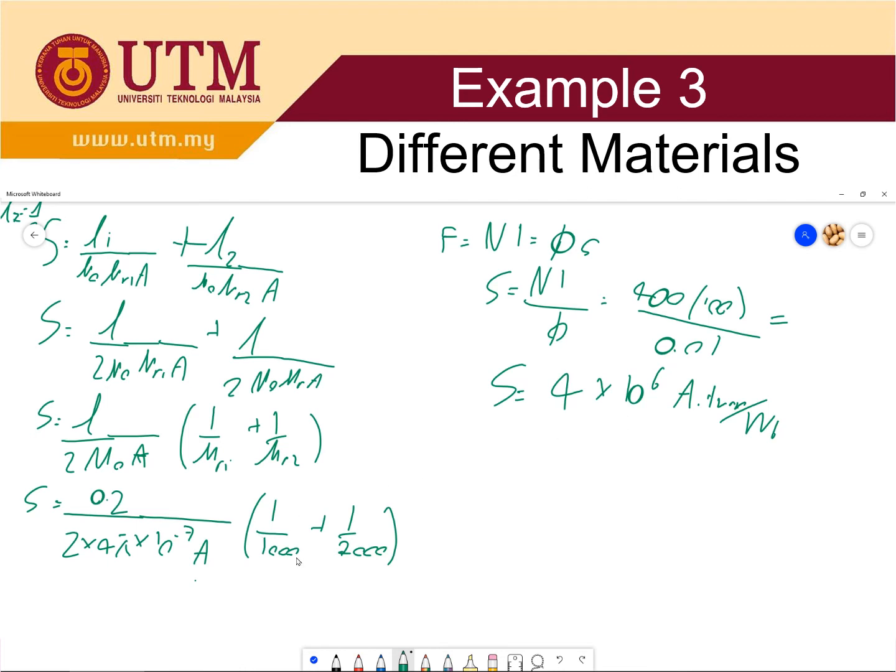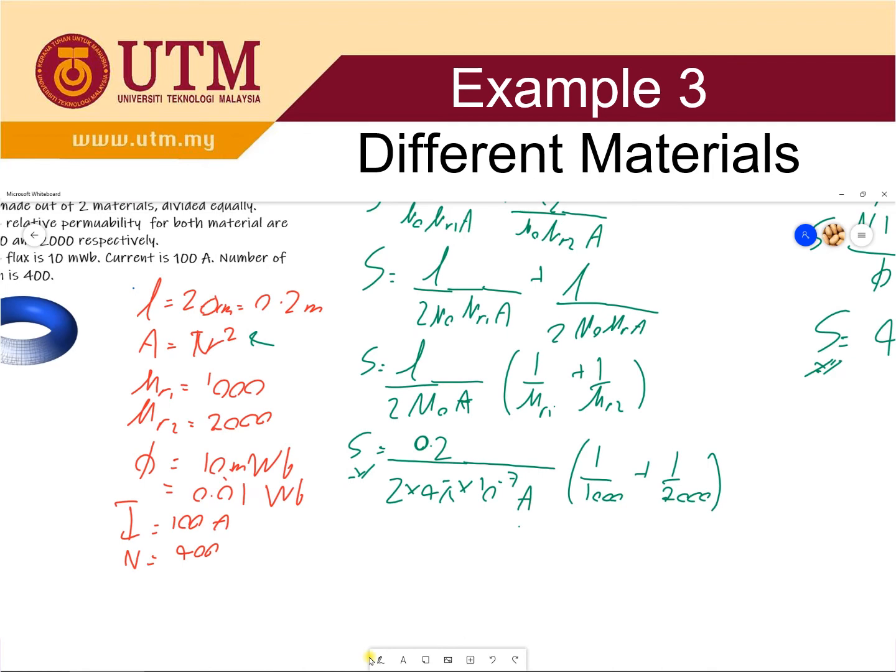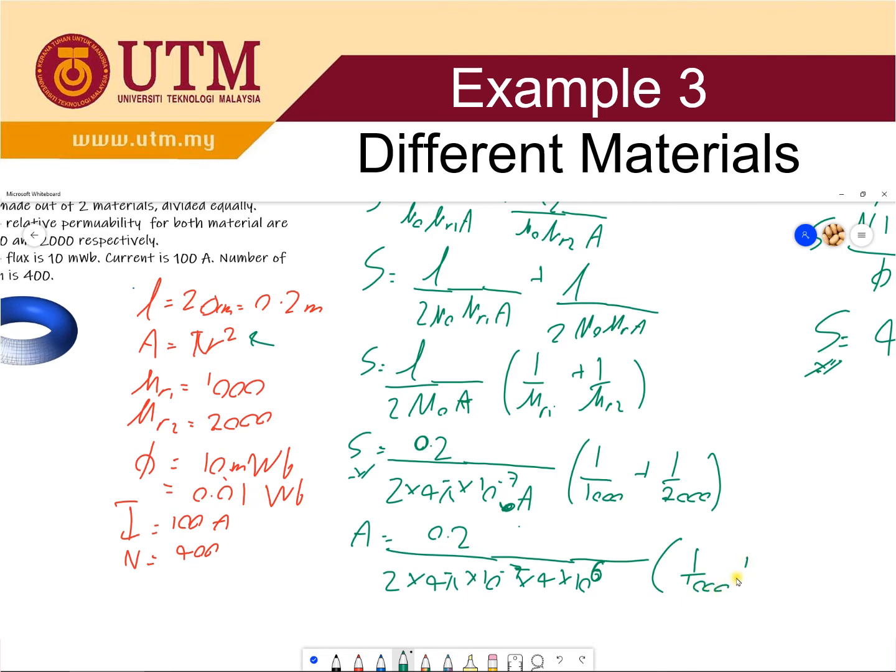So this value can be inserted into this one. A is basically 0.2 divided by 2 multiplied by 4 pi multiplied by 10 negative 7, and then S is 4 multiplied by 10 to the 6, and then 1 over 1000 plus 1 over 2000.